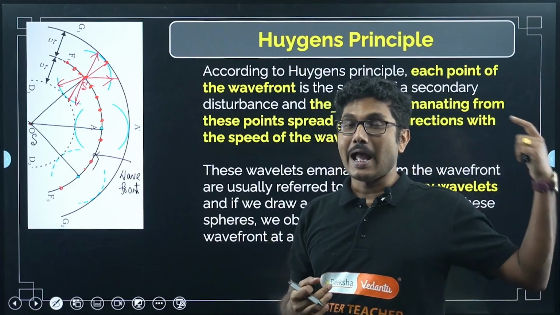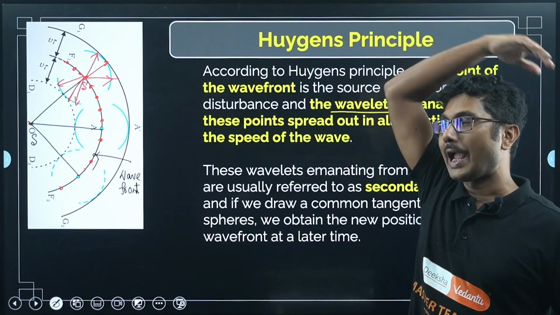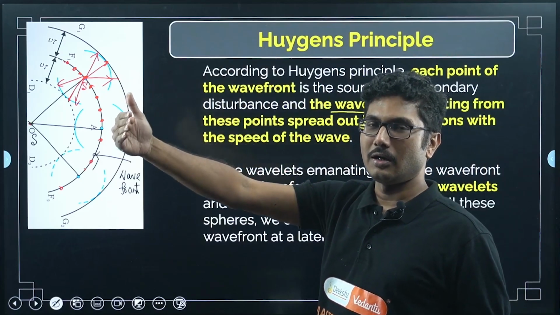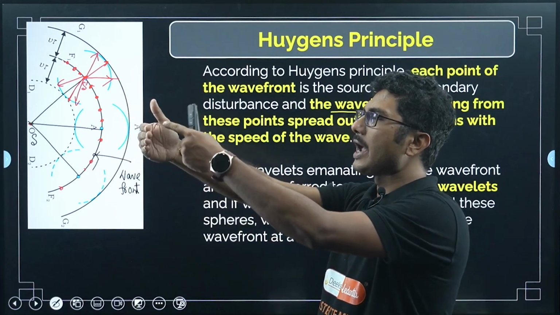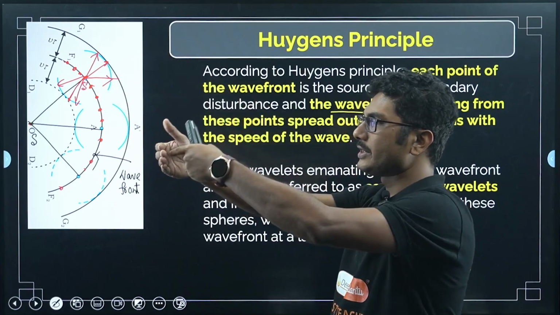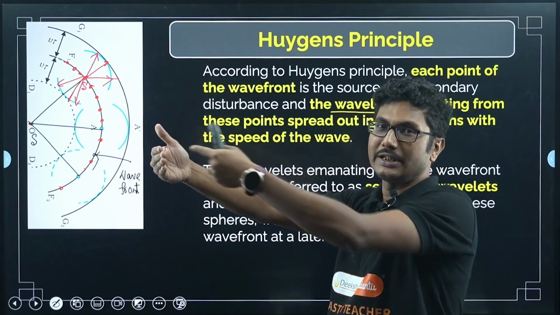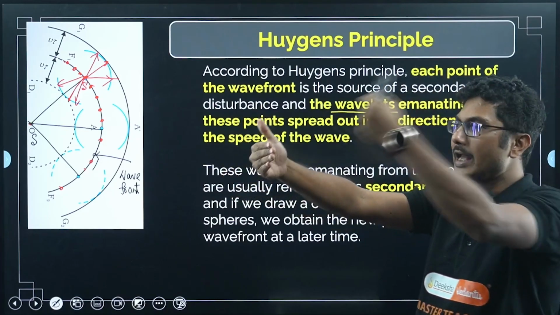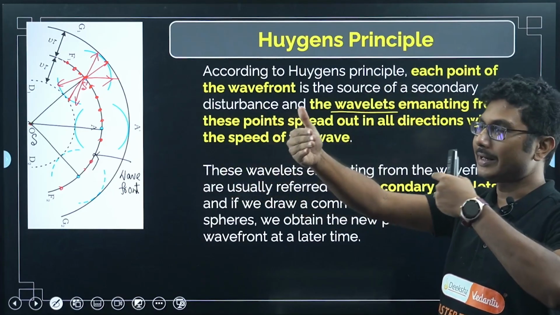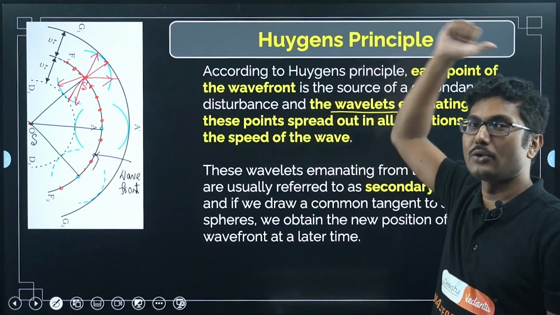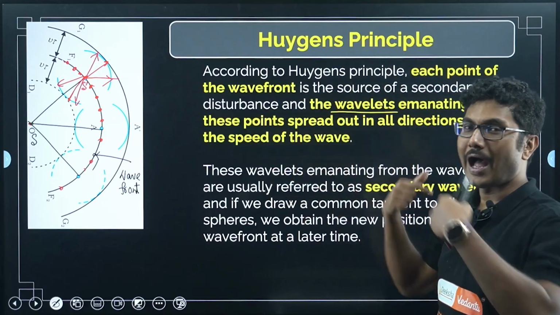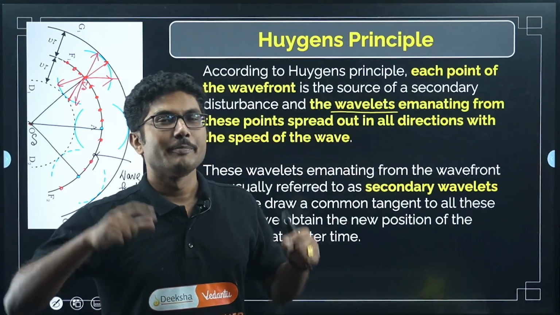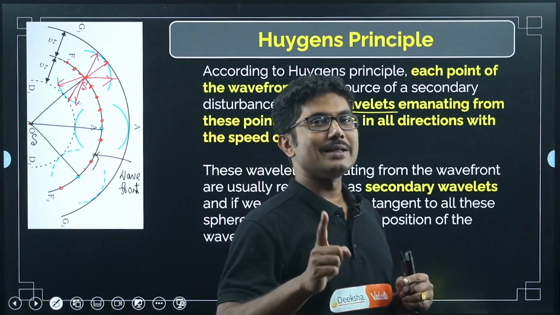But according to Huygens principle, light is coming here, and here suppose there is a wavefront. From this wavefront, light is propagating in all possible directions. That means I should be able to see that light, because some light from the light behind is coming towards me. But if that were happening, I would be able to see that tube light even facing the opposite direction, right? But that is not happening. So there is a catch.